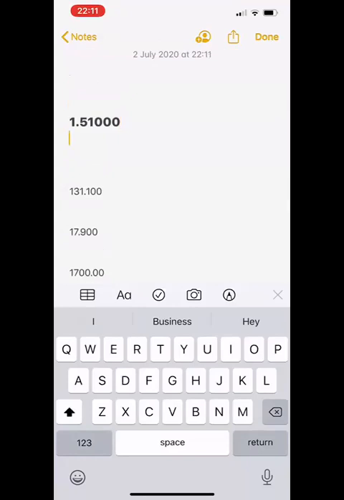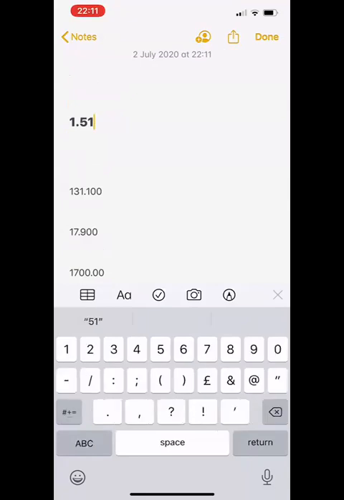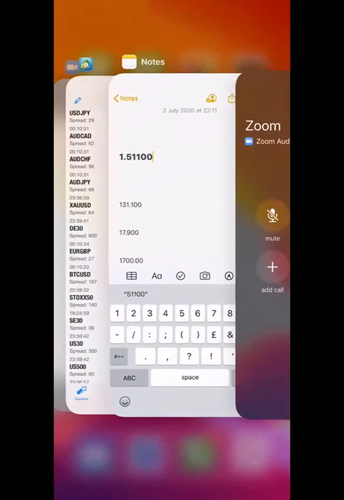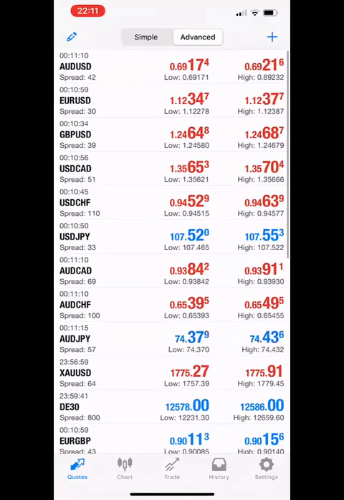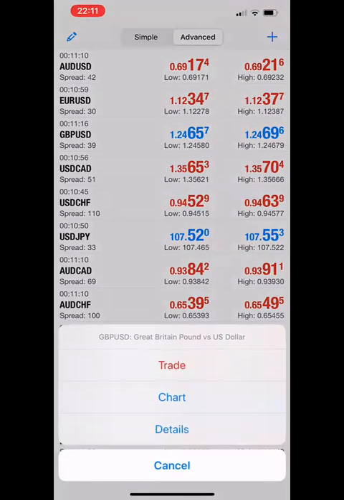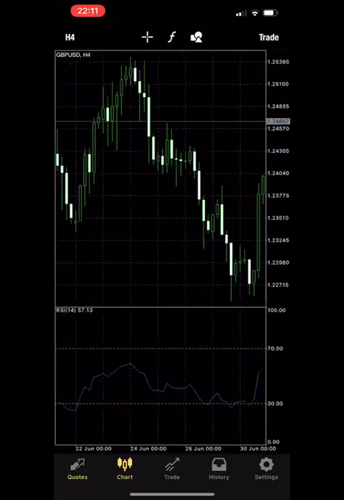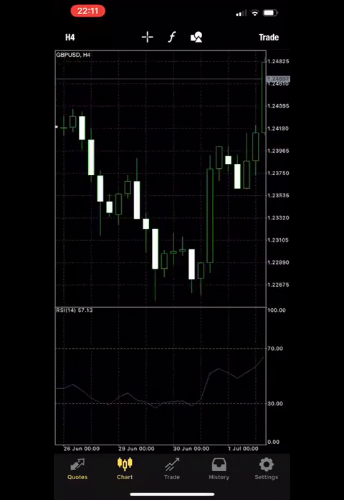1.51000, right? How would you calculate the pips? How would you know the difference in the pips? I'm going to show you. So, if we was to do a trade with GBP USD, all right?